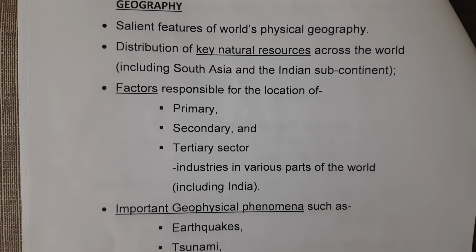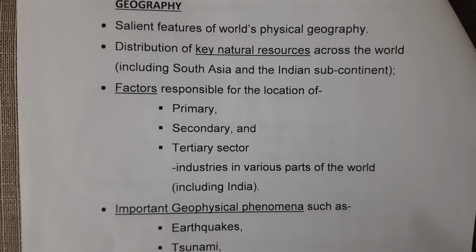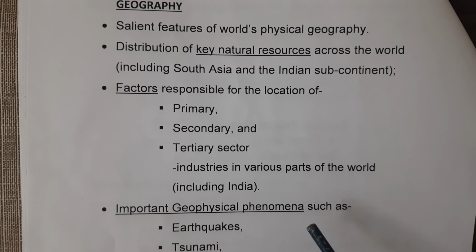Such as the sugar industry, where sugar is being made, it is located close to the sugarcane farms, because once the sugarcane is crushed, the raw material has to be processed immediately. Otherwise the taste will vary, and you won't get good quality sugar. So this is one example, and it has to be located near the raw material.